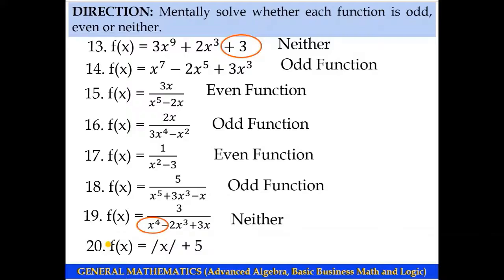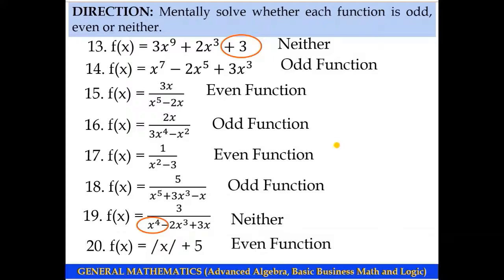If the vertex is along the y-axis, we can say that our absolute value function is symmetric with respect to the y-axis. That is why number 20 is an even function. Why? Because this is an absolute value function with V-shaped graph in which it is opening upward and the vertex 0 and 5 is along the y-axis.